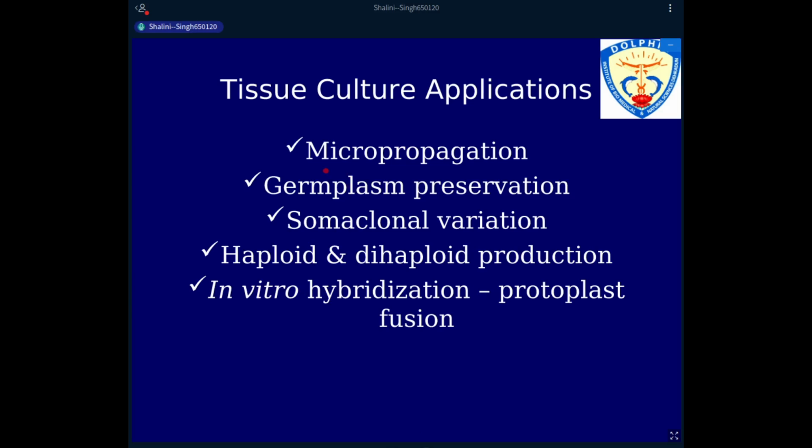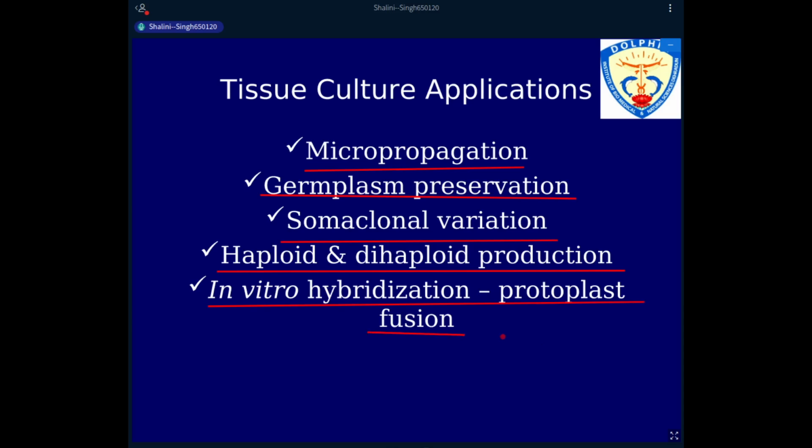So these are the techniques which you can perform in plants with the help of tissue culture. One is micropropagation, one is germplasm preservation or germplasm conservation, another is somaclonal variation, one is haploid and dihaploid production, and last is protoplast fusion, that is somatic hybridization.